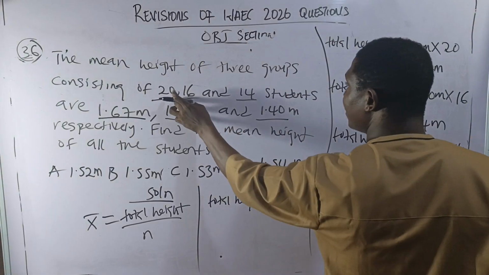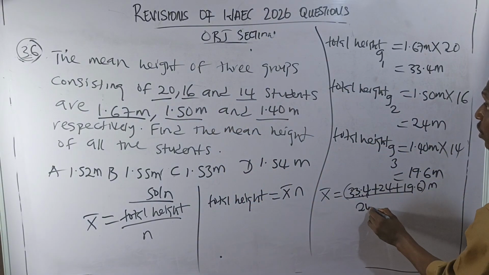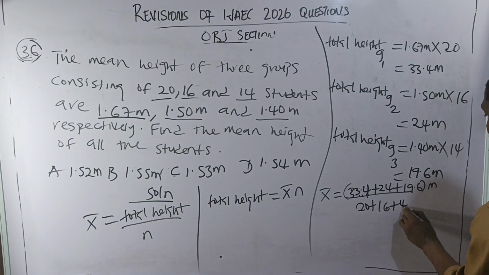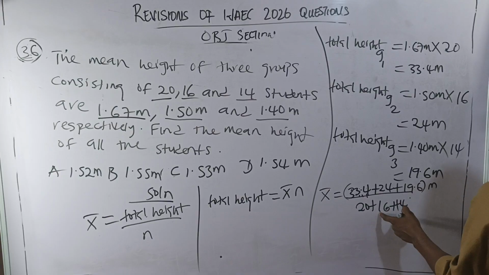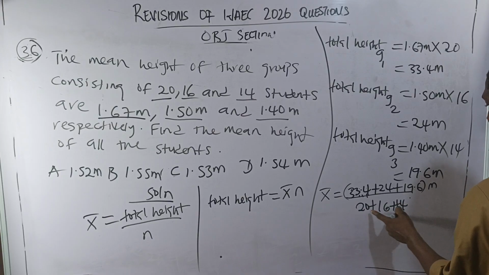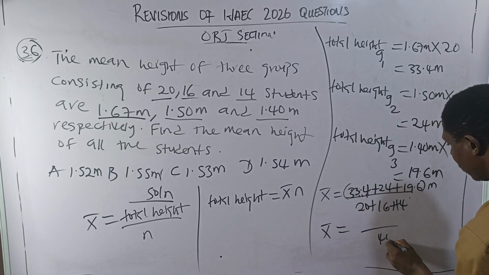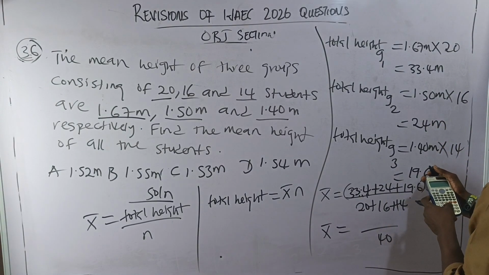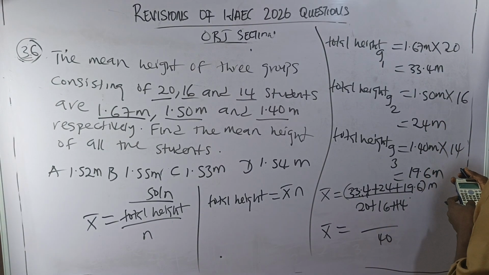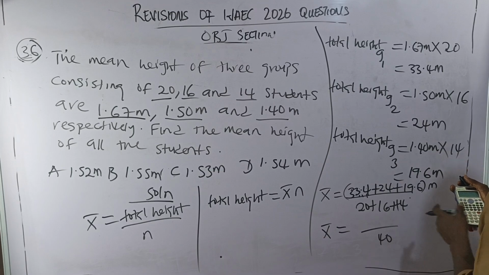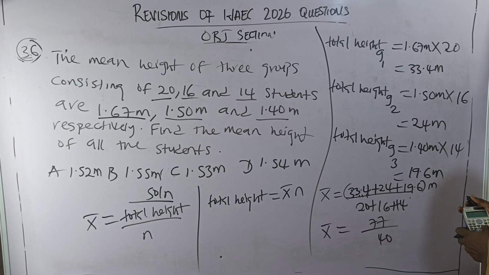Number of students is 20 plus 16 plus 14, which is 40. So x bar will be equal to 77 over 40, which gives me 1.925.